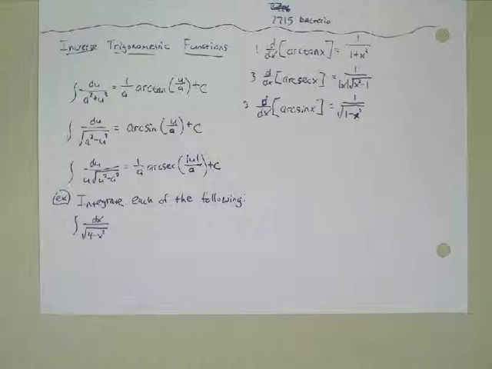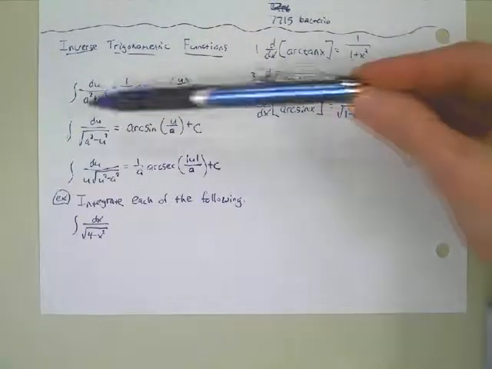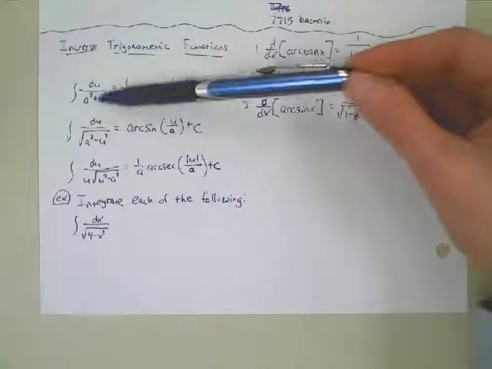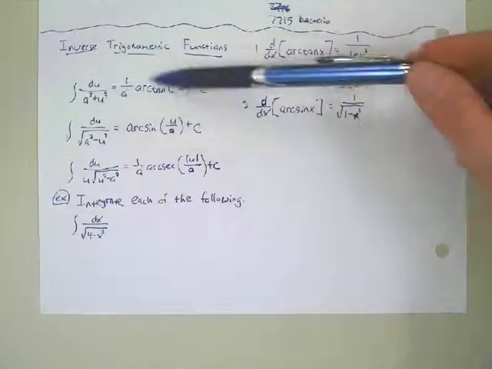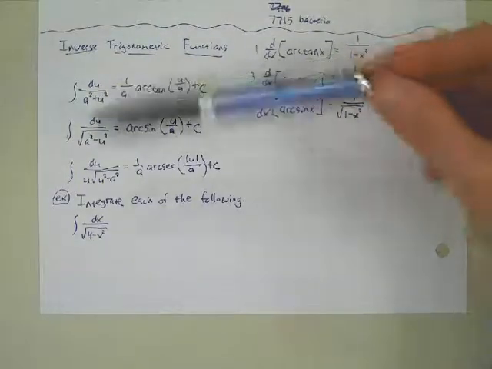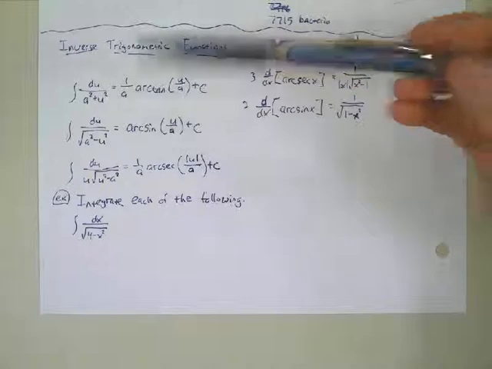Okay, so, looking at this, does it look like we're going to use arctangent? Why not? What's kind of cluing us in that it's not arctangent? It has a square root, and it has subtraction, right? Arctangent is addition. Okay, let's go to arcsine. Could it be arcsine? Yeah.